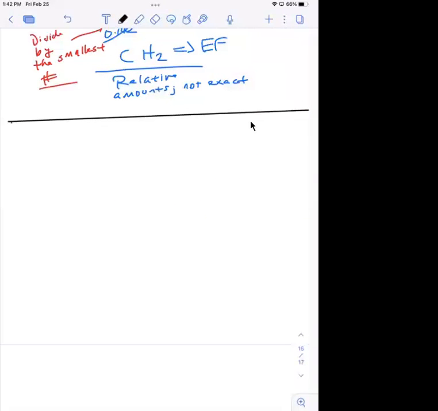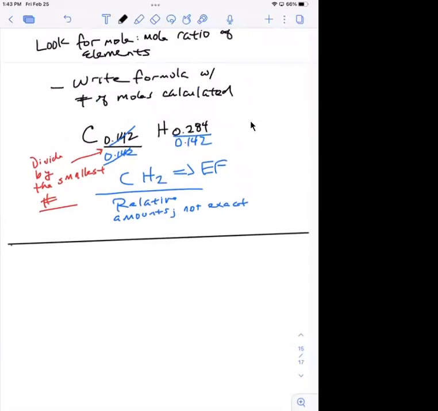A lot of this stuff, again, we even had this discussion this morning, is kind of redundant, because going through this brings back memories of the law of multiple proportions, where we had to find these small whole number ratios and figure out what the ratio of the atoms was.